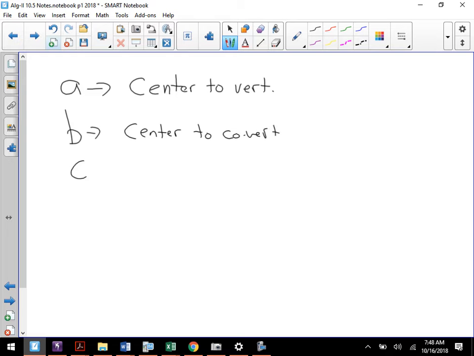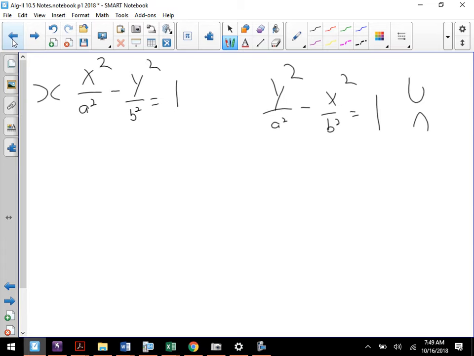And then C, okay. Now there were two different formulas for finding the foci, the C value. When do you use what? If you have a hyperbola, what's the formula for C?